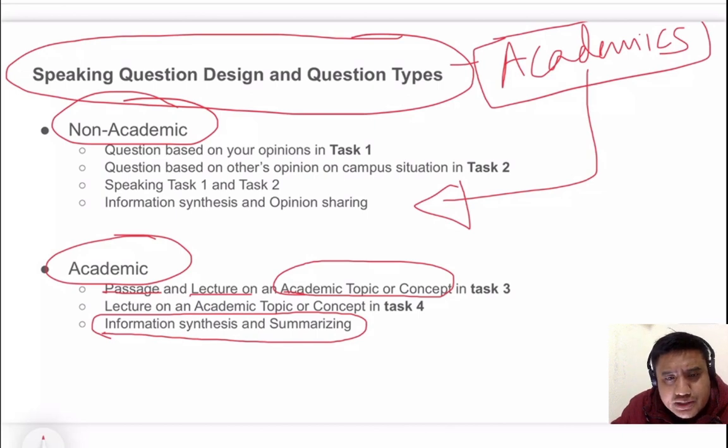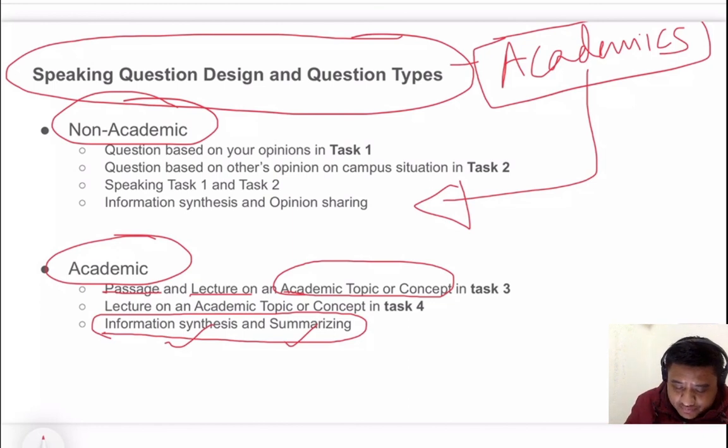Usually the task given to you is to synthesize information that you have read and the information that you have listened to in a lecture. The other task given to you is to summarize what you have read and also what you have listened to in the lecture. So information synthesis and summarizing is the main purpose for giving you the academic topic or concept. Okay, so please remember that.